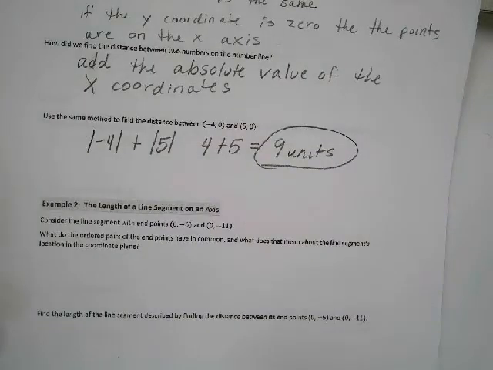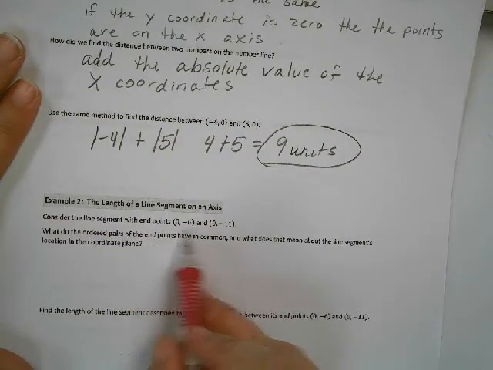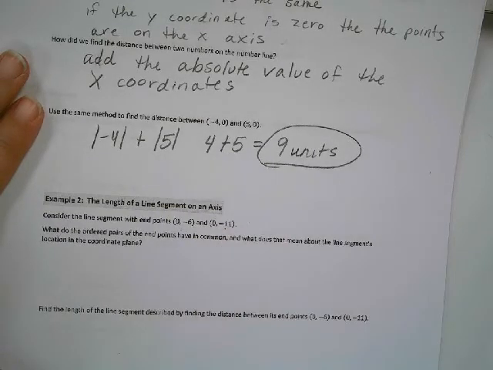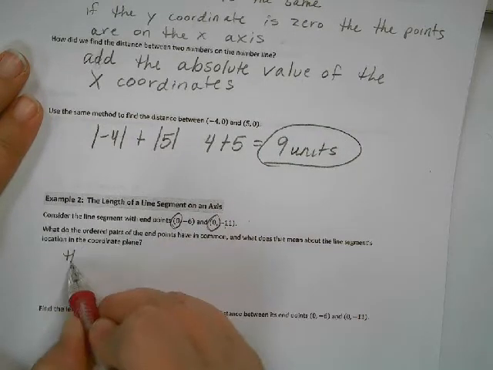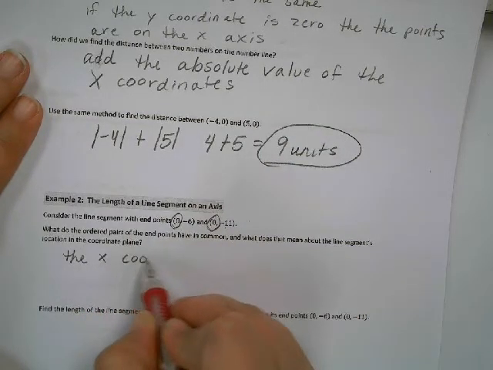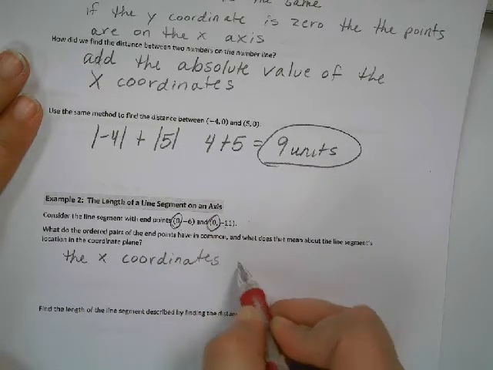Now we're going to go ahead to the next example. In this example, it says consider these points here. What do these ordered pairs have in common? The x coordinates are the same.